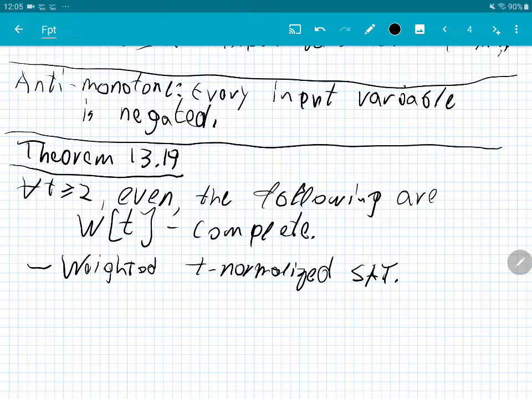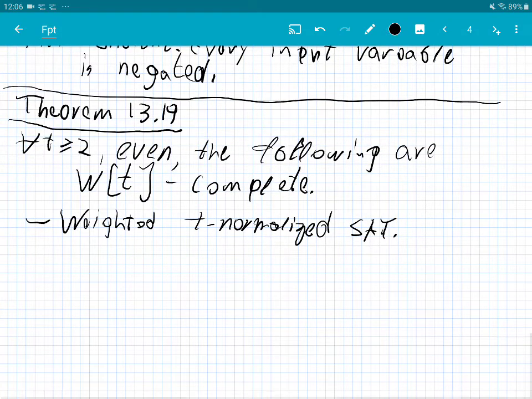So given a circuit that is T normalized, that has those T alternating levels, but here we're allowing negation and so on, then it's W T complete.